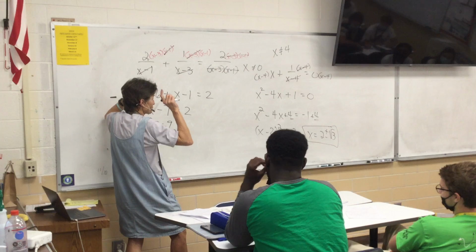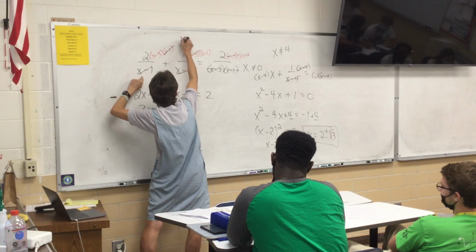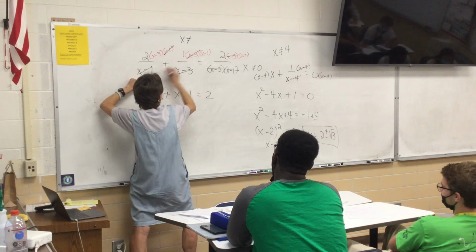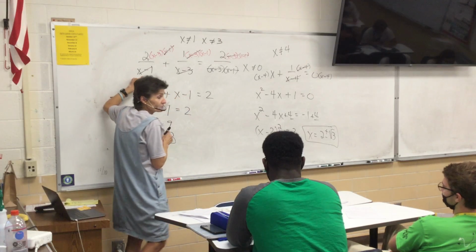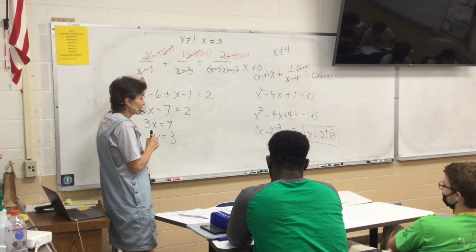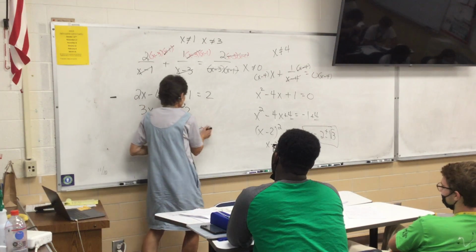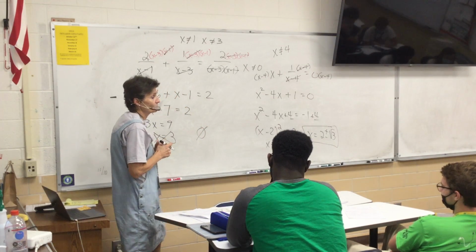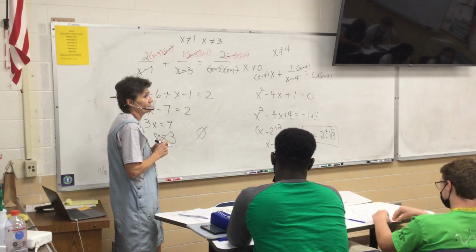Your little extraneous radar is up, because in the beginning you noted that x can't be 1 and x can't be 3. So we got 3. Can't be 3, so this problem has no solutions. The only answer we got didn't work.